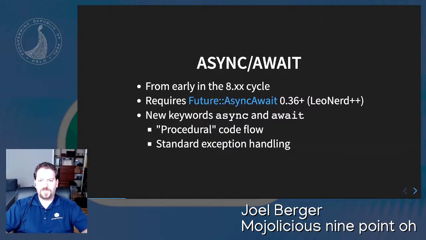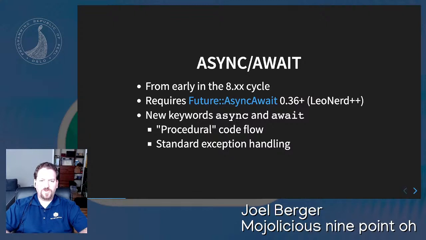It requires Paul Evans, otherwise known as LeoNerd's, Future::AsyncAwait as of version 0.36. It doesn't actually use the Future promises. It uses the native Mojolicious promise library, but we have all the right hooks. He's worked with us to make this work correctly.